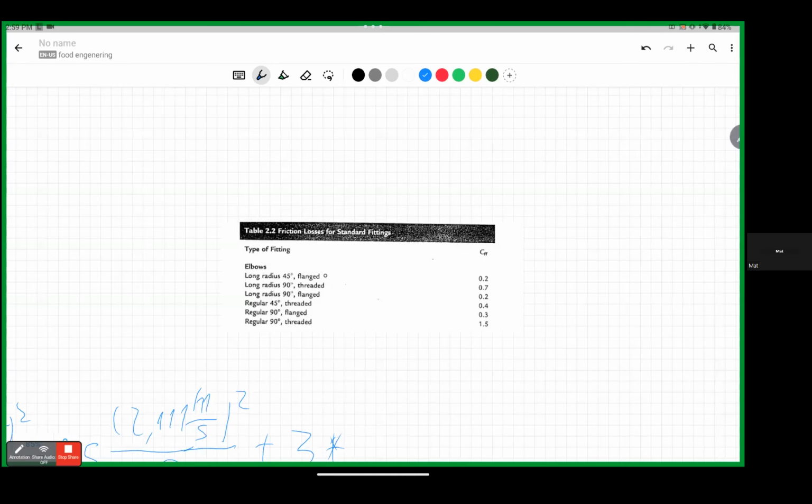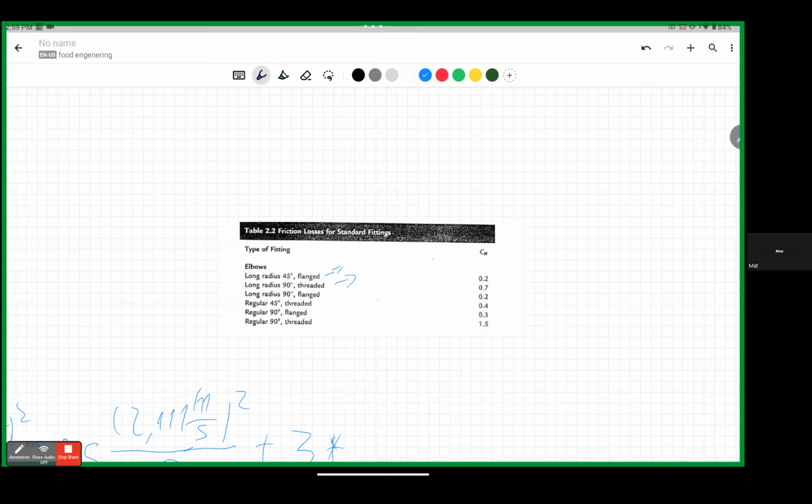And remember, flanged is different than threaded. For example, flanged is when you put some kind of material like gums or gomas, and threaded is when it has rosca. In Spanish it would be rosca.